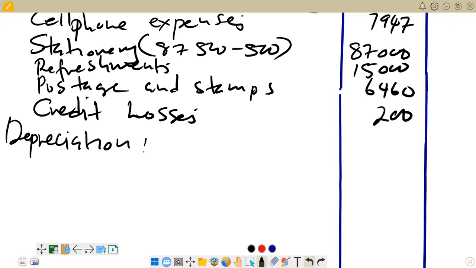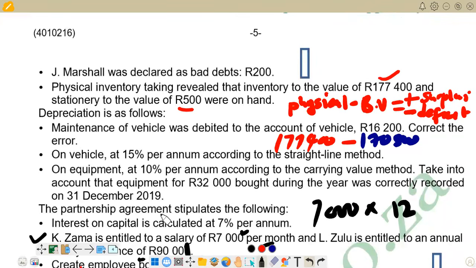Depreciation obviously is there. Then we go to the question to see what we have in terms of depreciation. If you come here, you would see that depreciation is explained on this section.